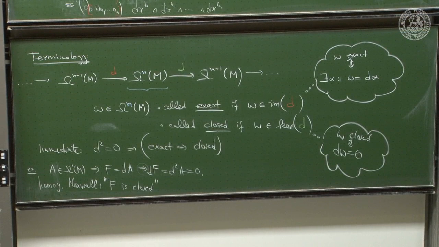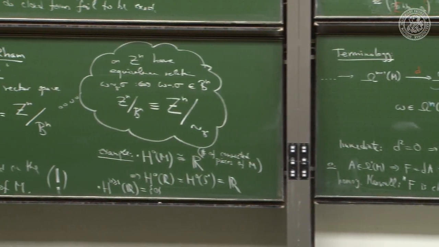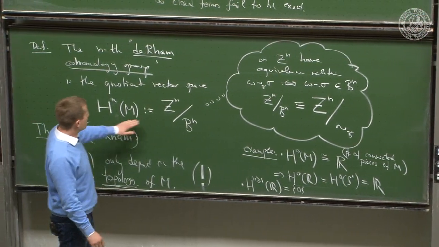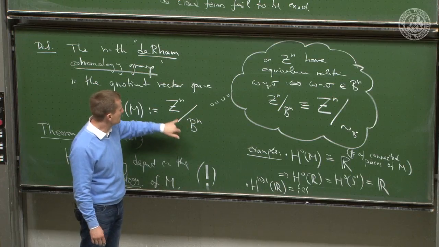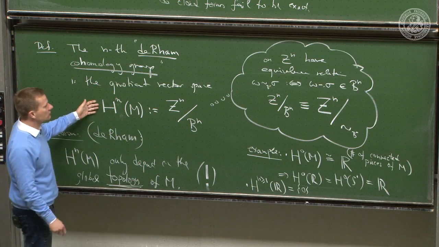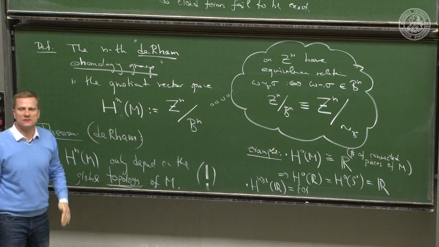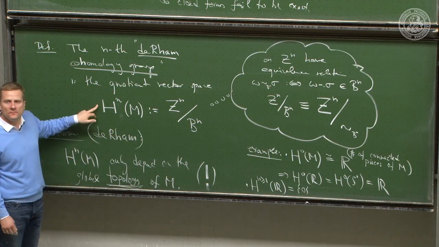And if we want to quantify how much the images deviate from the kernel, we can do so by modding out the exact forms from the closed forms, and that gives you the de Rham cohomology groups.